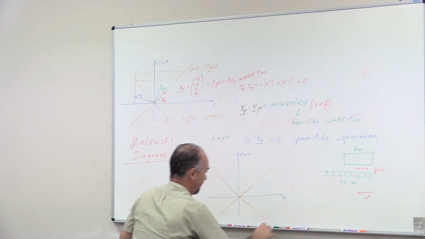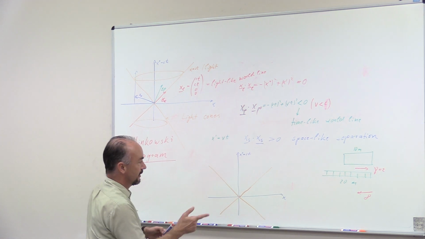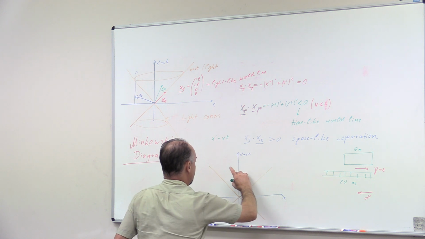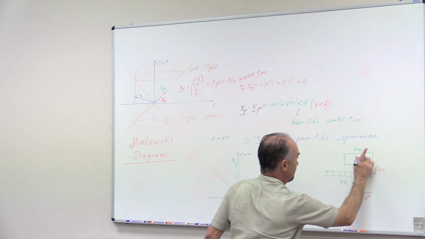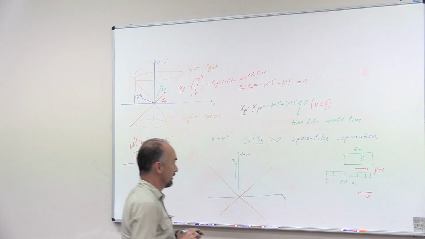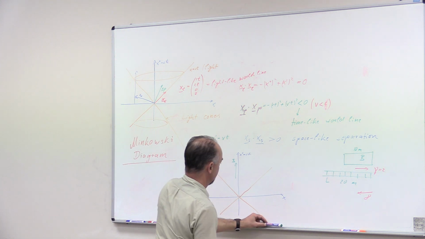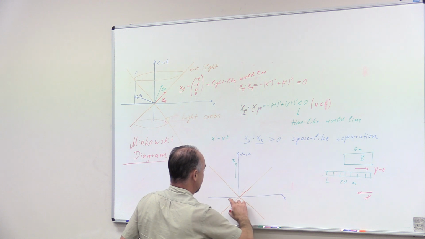So first of all, if we look at the barn frame, let's do this here, the barn frame obviously just moves straight, right? So this is the frame of the barn. The ladder is moving with a large speed in this direction, right? It's moving like that.